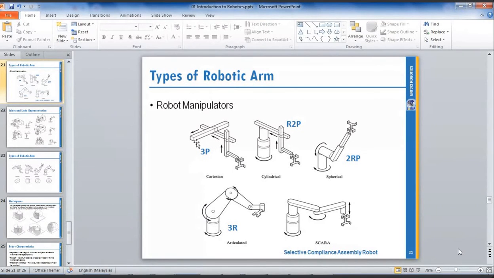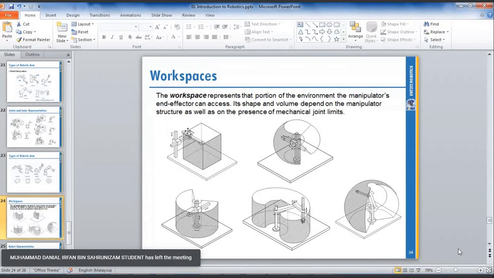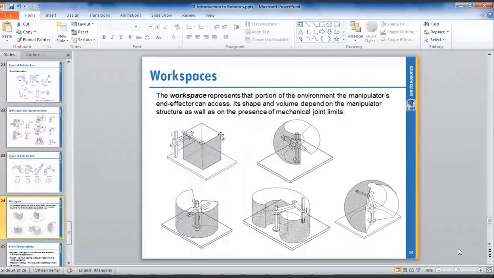So if you have this 3P mechanism, joint or robot design, you are using a rectangular workspace of the robot.